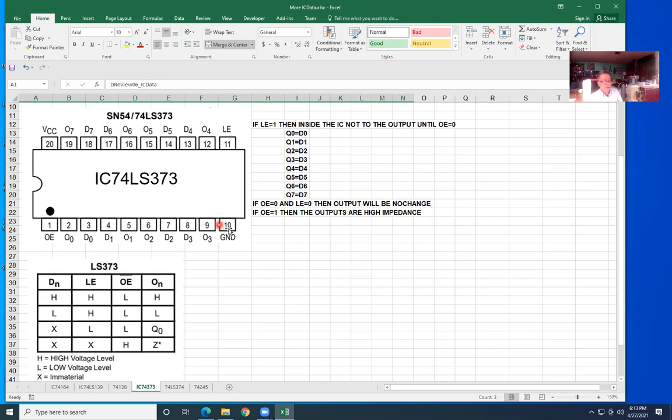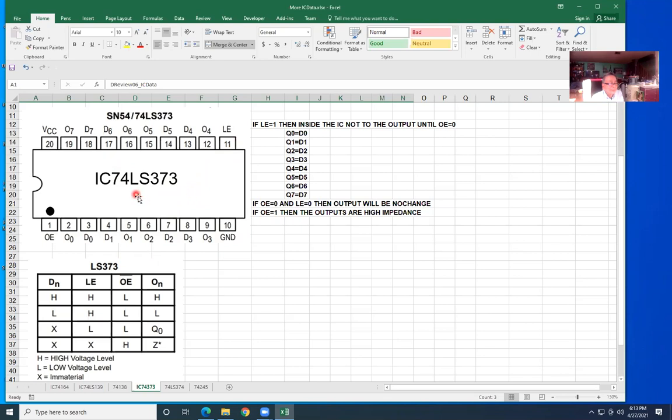So to summarize: you apply input data D. If you want it to go inside this IC, then you have to apply LE equal to 1.